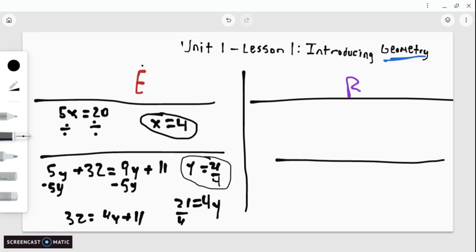Then you get 4y plus 11 equals 32. Subtract 11 and you get 21 equals 4y. Then you divide by 4 to get y by itself, and y equals 21 over 4. Yeah, so that's what it is.